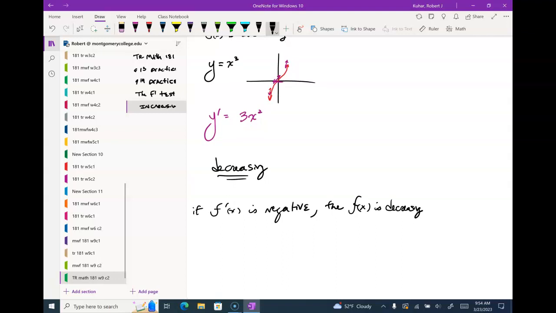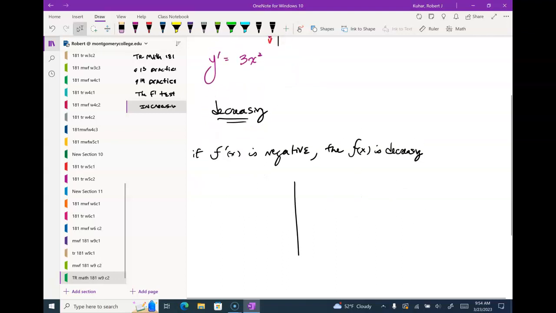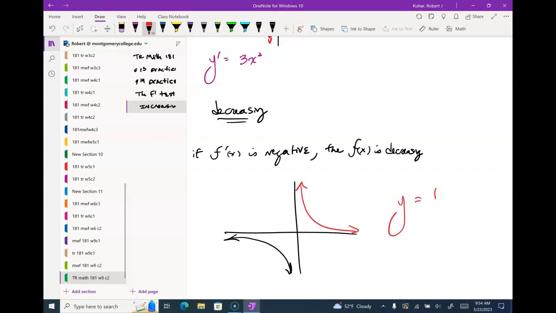So an interesting one, one of these mother functions that we've known for a very long time, is the 1 over x curve. So this is y equals 1 over x, yes? Look at it from left to right. Whenever we're talking about increasing, decreasing, we have to work left to right. So do you see it's always decreasing on that left part of the curve?